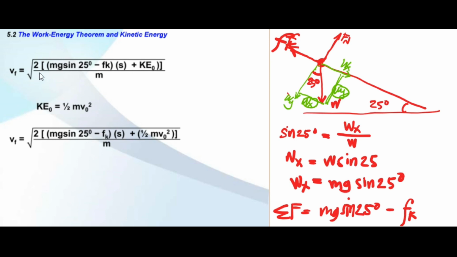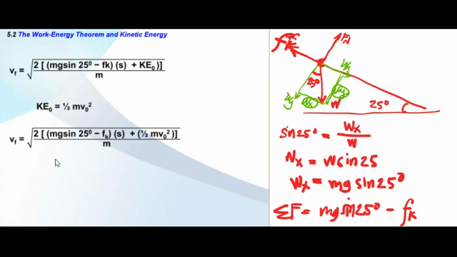Kinetic energy initial can be computed by 1/2 m V initial squared. We now have all the givens in the equation: the initial velocity, the mass, the displacement, and the summation of forces from our body diagram.